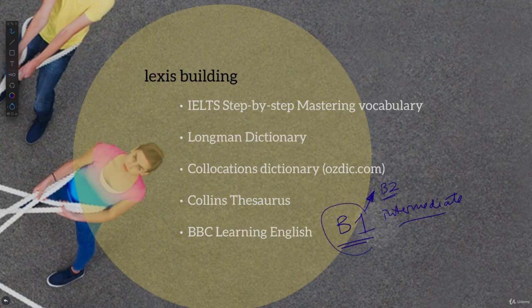So if you are finding that jump is a bit too quick for you, then have a look at the BBC Learning English website, because it teaches general English. So it's not IELTS specific, it's general English stuff, but it will help you to improve your level of English overall, and that will help you to move up to a B2 by the time we're halfway through this course.